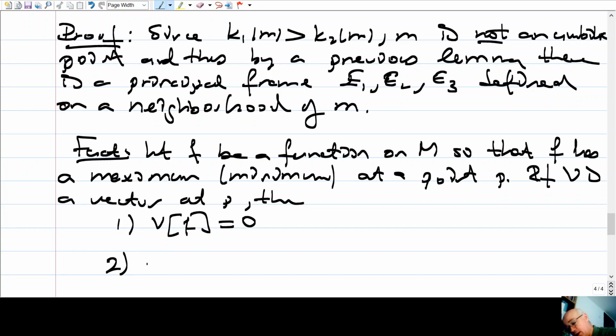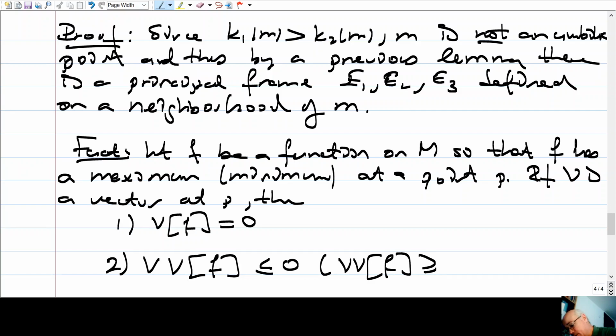And the second, if I take the derivative of f twice along this vector, I get 0, a negative number, or a positive number respectively.